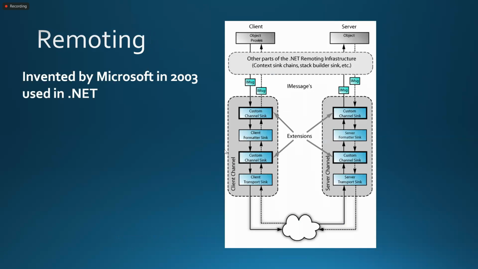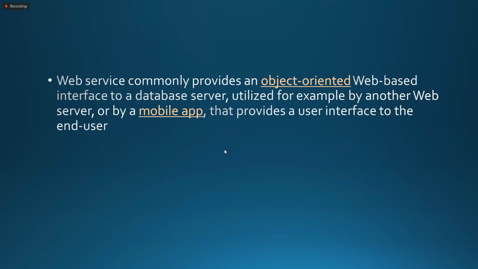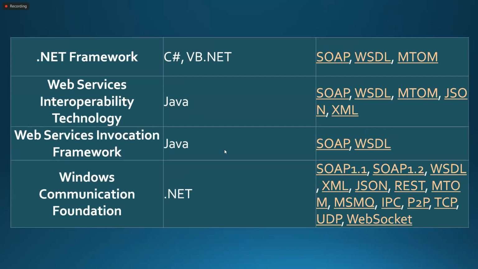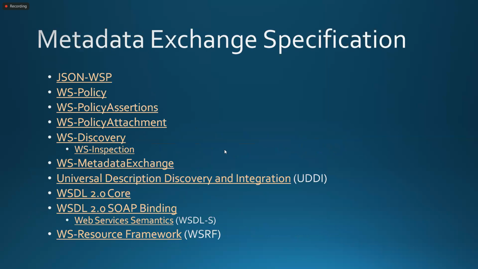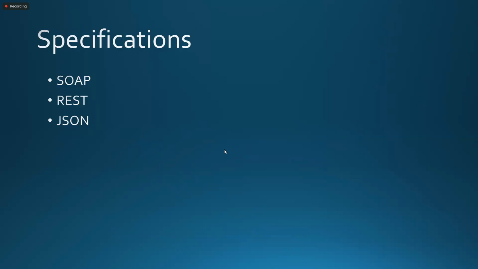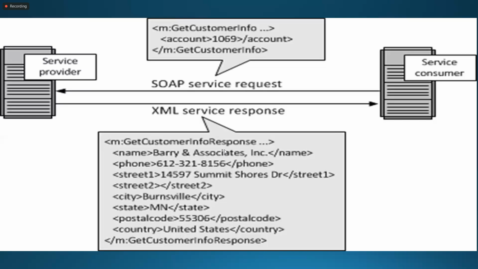And how do they communicate? The communication happens in these ways. All these are not required for you. Few I'm showing. These are three specifications. We have SOAP, we have REST, we have JSON. SOAP I already showed you. The client, consumer and provider. Consumer will send an XML request.